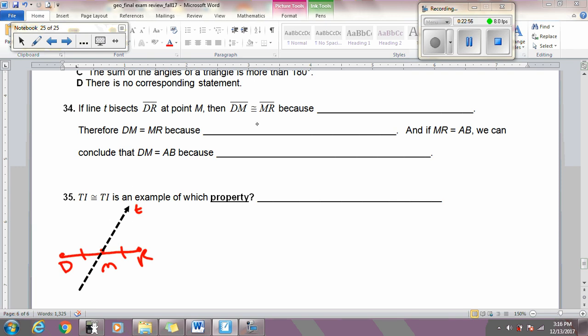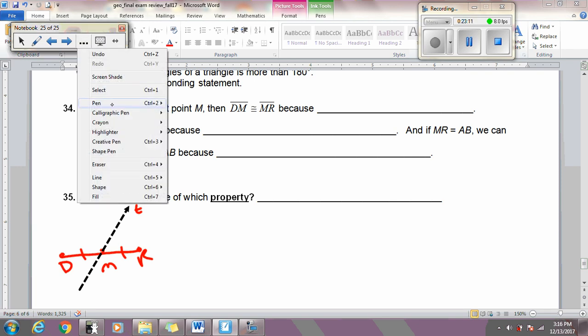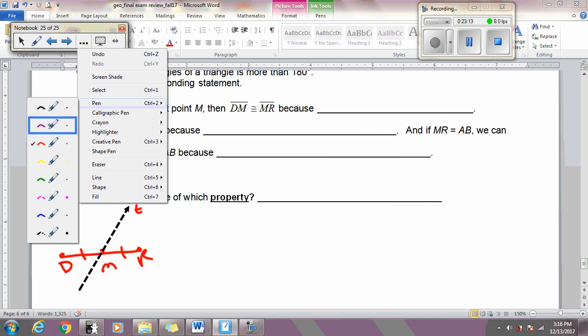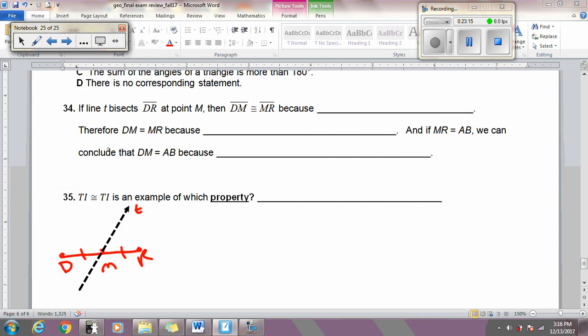Then it says segment DM is congruent to segment MR because of blank. So it's looking for one of our properties that we might have talked about at the beginning of the year when we first did proofs. This is a proof written in paragraph form, so we're writing the reason on this blank. Our reason should be a definition, a theorem, a postulate, anything of that nature.